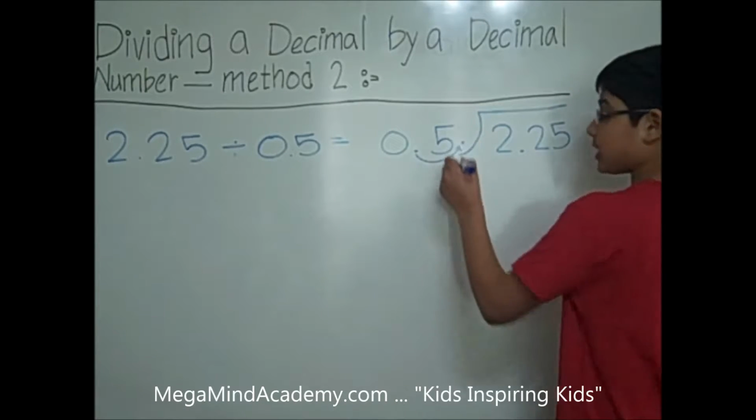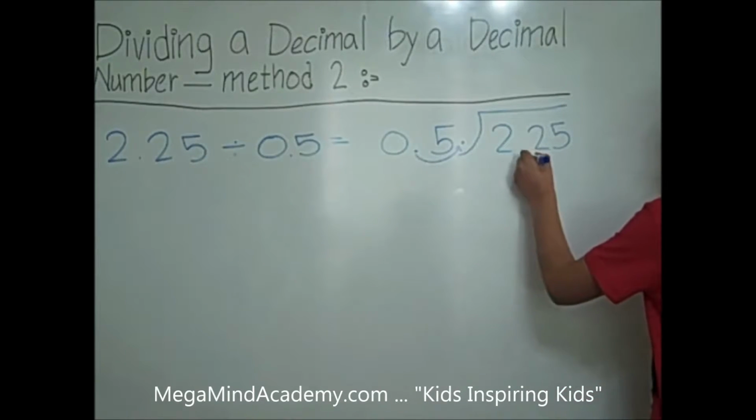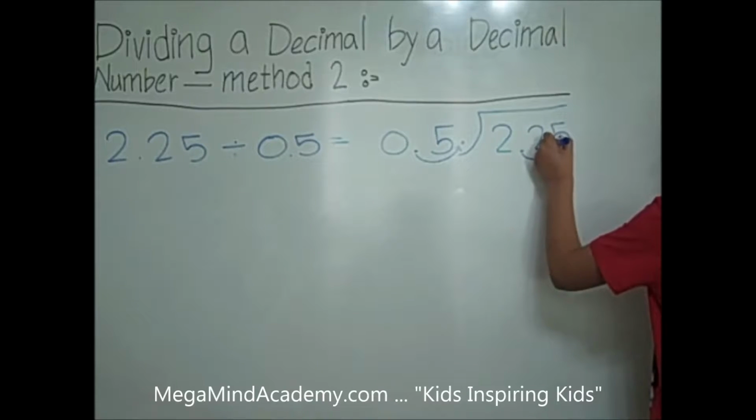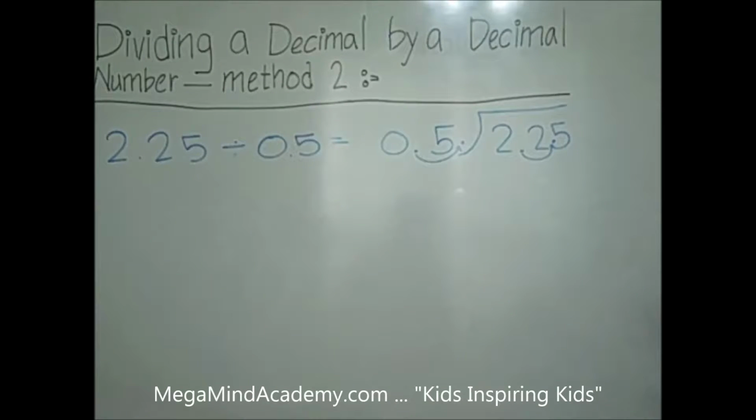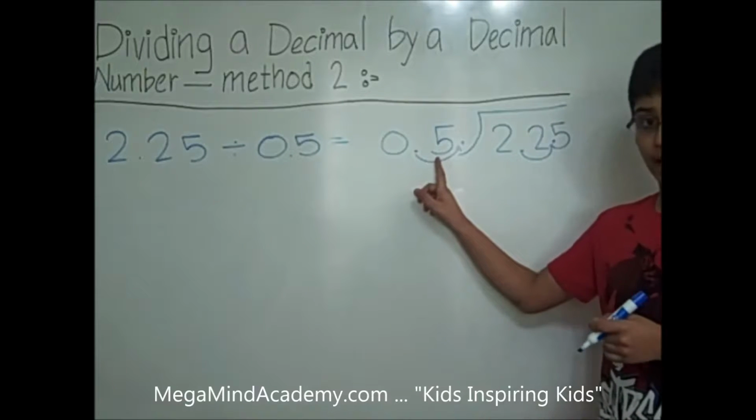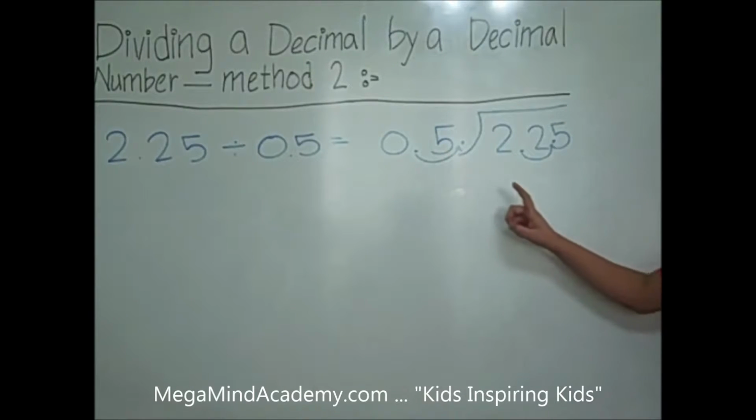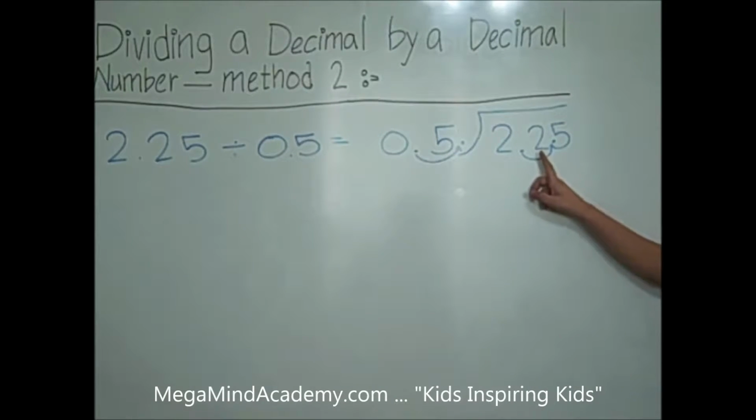So, the decimal point goes here, and the decimal point goes here. So now, instead of having 0.5, we have 5. And instead of having 2.25, we have 22.5.